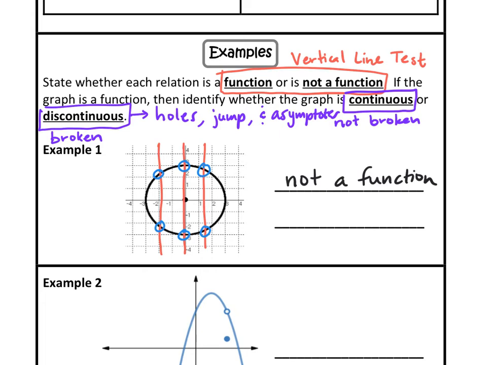Is it continuous or discontinuous? Can I draw this circle? Let me erase my scratch work here. Can I draw this circle without picking up my pencil? Yeah, if I start here and I draw the circle, I can draw it without picking up my pencil.